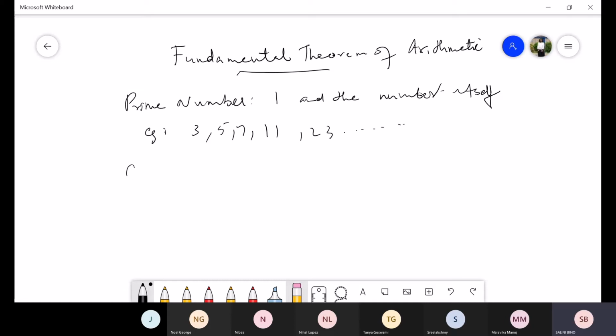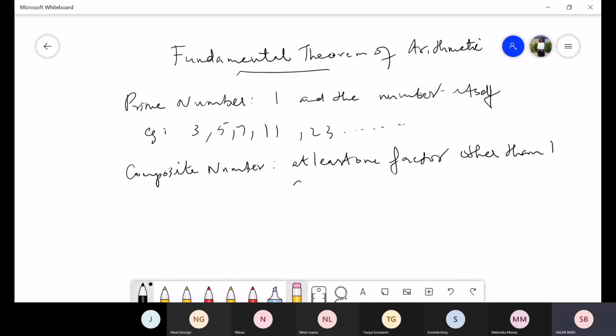Now, what about composite number? Composite number means a number which has at least one factor other than 1 and the number itself.